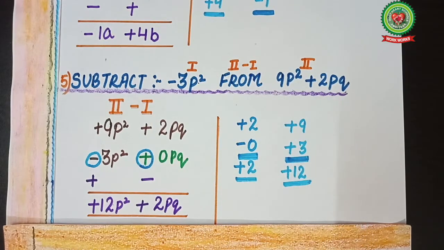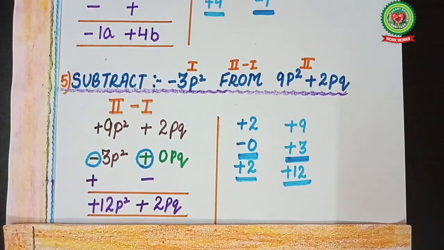So what if we are given one monomial and one binomial and we have to subtract them? No need to worry. We will follow the same pattern, the same steps that we followed in the last examples, right?